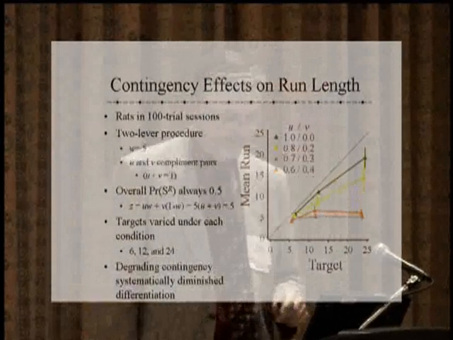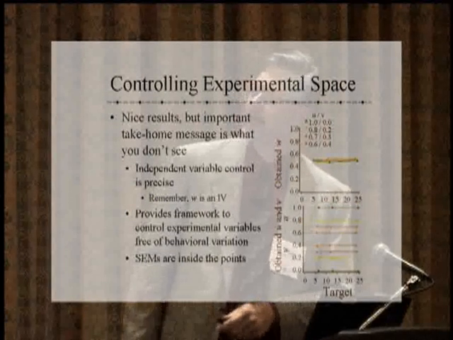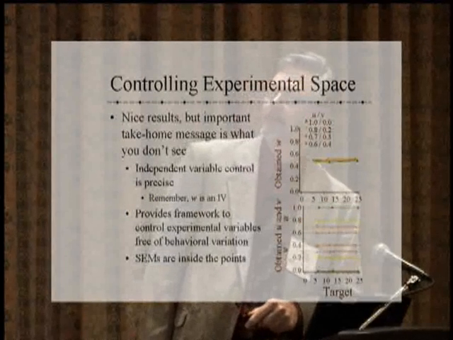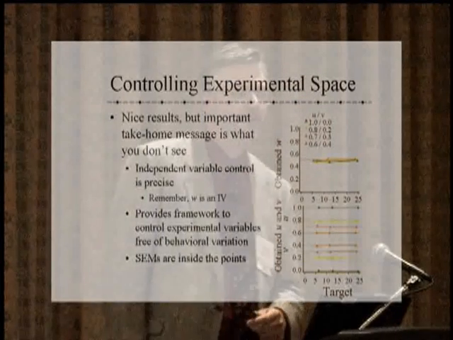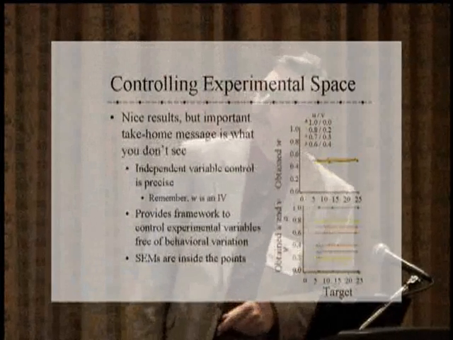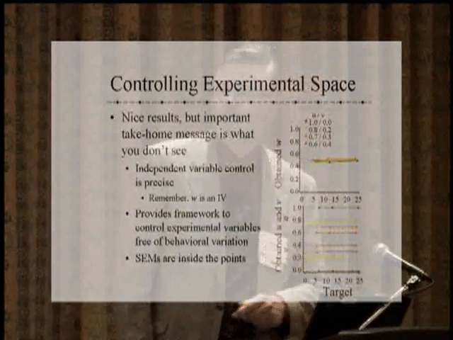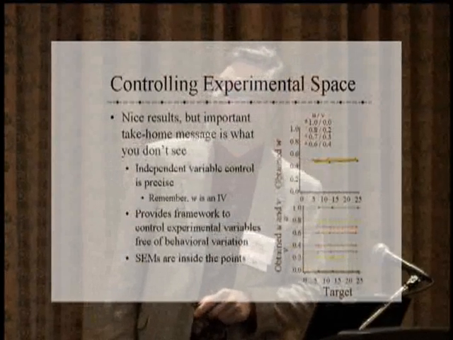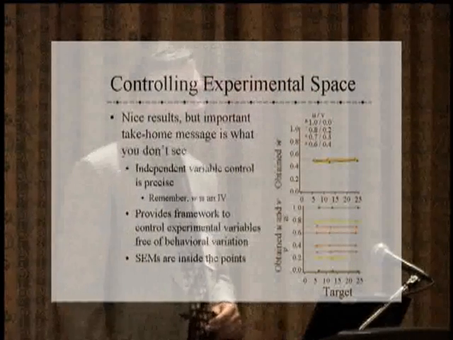It's an interesting asymmetry. The point of this is not really to show you these data, but to show you what you don't see. The take-home message is the precise independent variable control that these procedures give. And in independent variables, I'm including W as well. We programmed a probability of W equal to 0.5, and we in fact obtain a probability of W equal to 0.5.